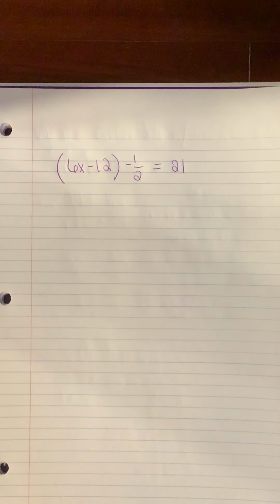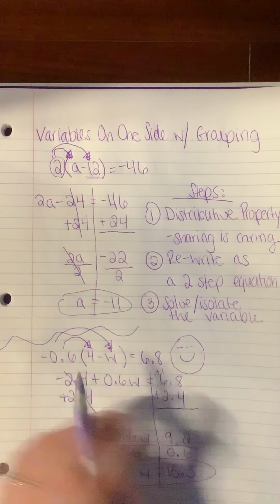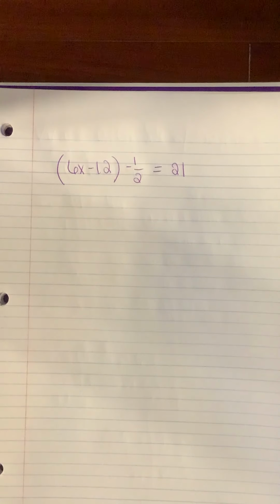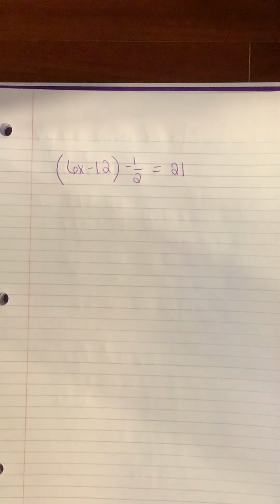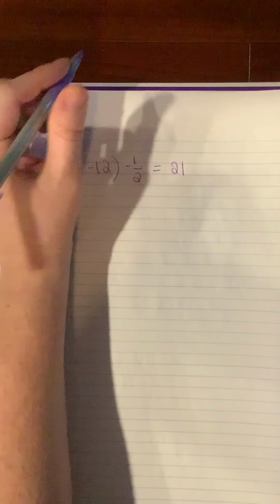All right, guys, here's the deal. Before, our number outside on the distributive property was to the left. Here we have it to the right side of the parentheses, and that's okay. It's not going to make any difference. Step one, we're still going to do our distributive property.